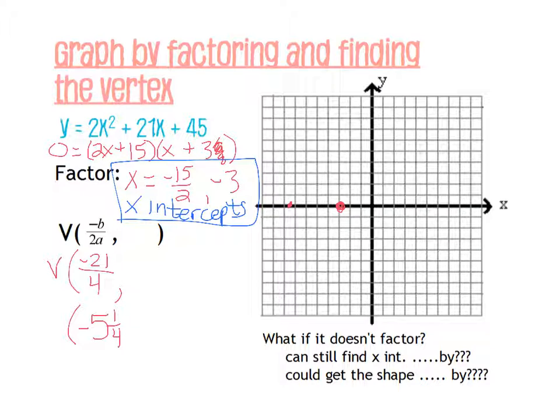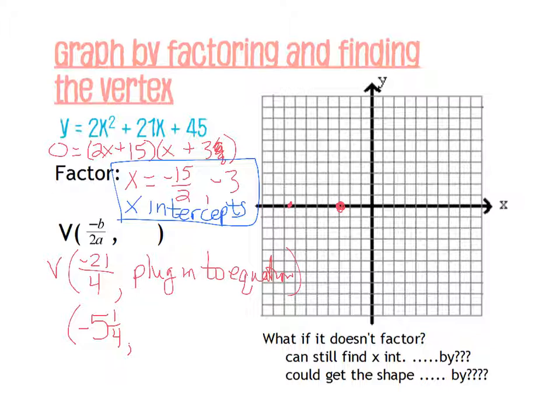The second part is a little trickier. You have to plug in to your equation that x value. If I plug in negative 21/4 back in for all the x's, could we solve this for y?